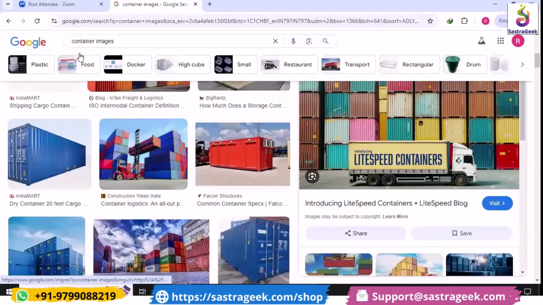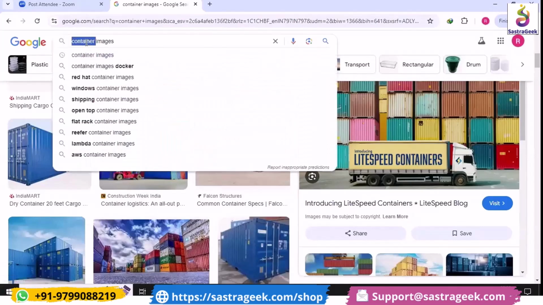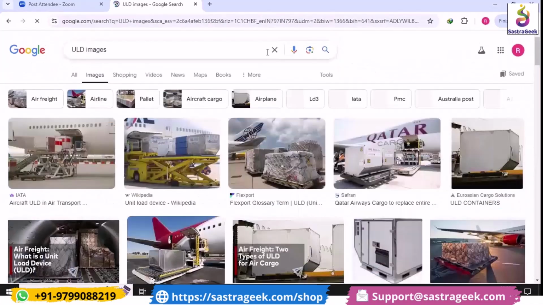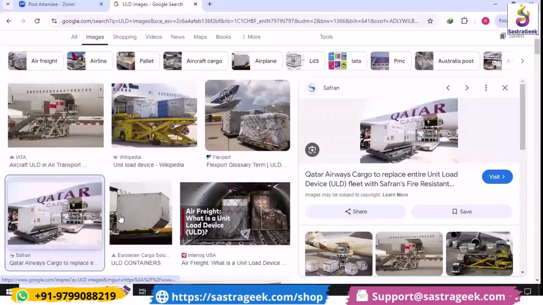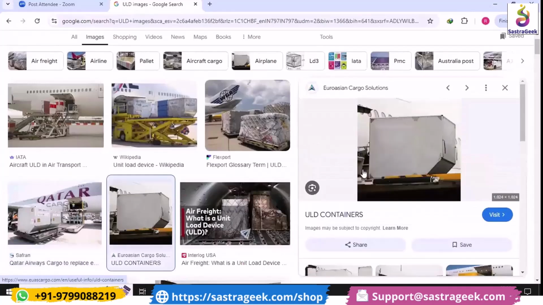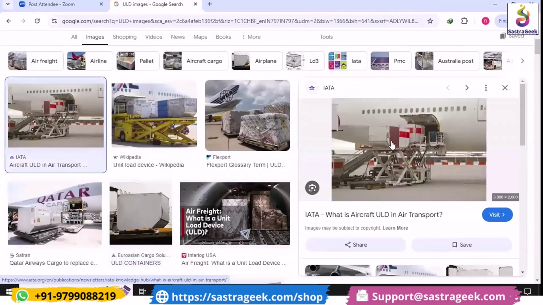So ultimately, there is something which is called as ULDs, which you might have also seen somewhere while flying across somewhere, this kind of a small box kind of object. Have you seen such kind of objects? Yes, yeah. Whenever a cargo is moved in an airplane, these are moved in these small boxes, which are called as unit load devices.